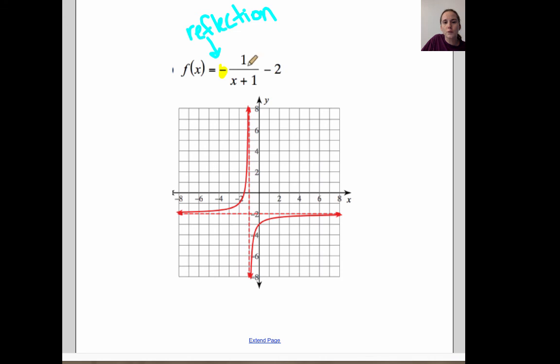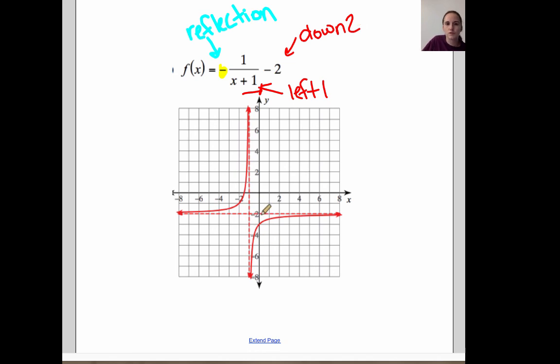Because there's a 1 up here, and my parent graph had a 1, that means there's no stretches or compressions being done based on that number there. We did shift to the left 1, and then we also shifted down 2.